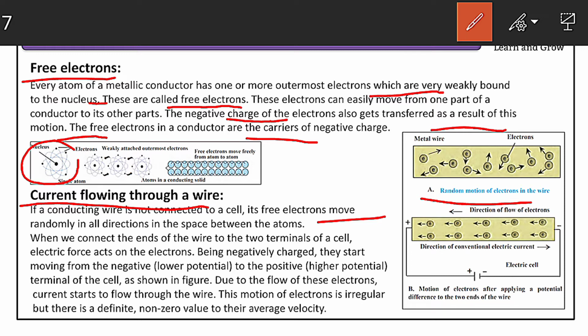But when we connect the ends of the wire to the two terminals of the cell, electric forces act on the electrons. Being negatively charged, they start moving from lower potential to higher potential. Electrons move, and this movement of electrons produces electricity.